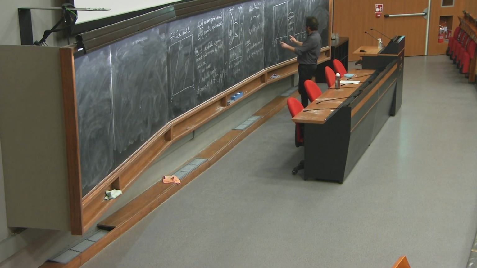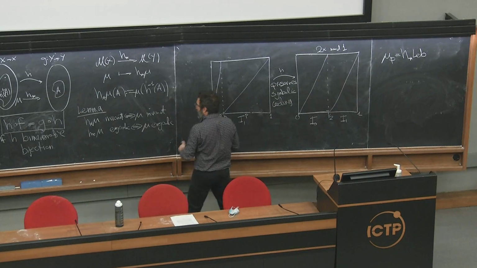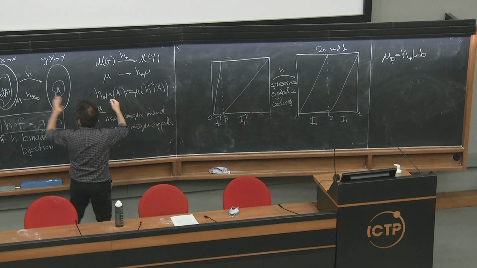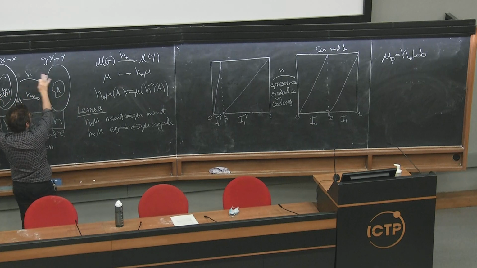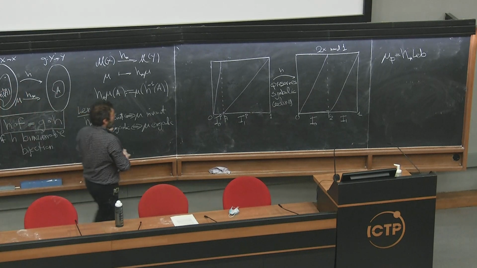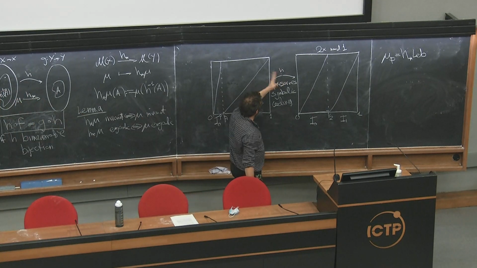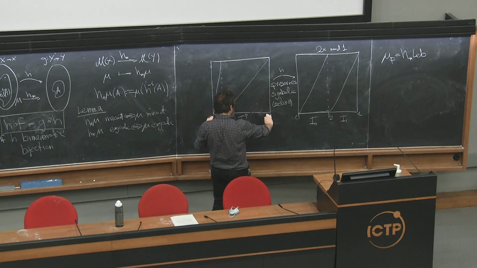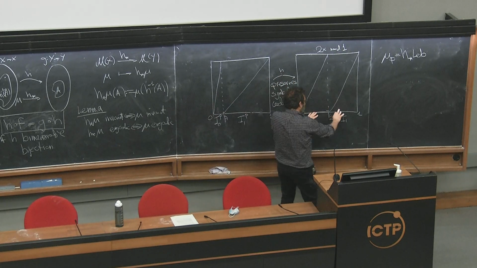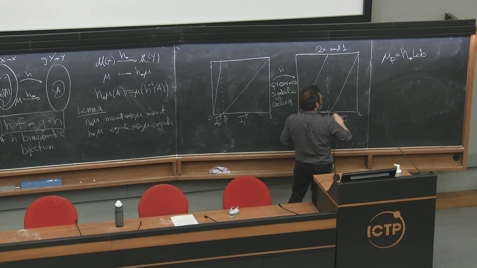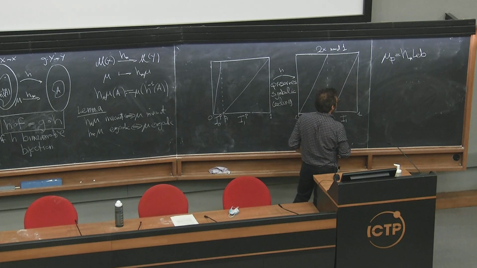So here I have Lebesgue measure, and using exactly this construction here, I take Lebesgue measure and I apply h_*. This is a topological conjugacy, so it's also a measurable conjugacy. So I take Lebesgue measure here, and I map it with h_* to get a measure mu_p, right?